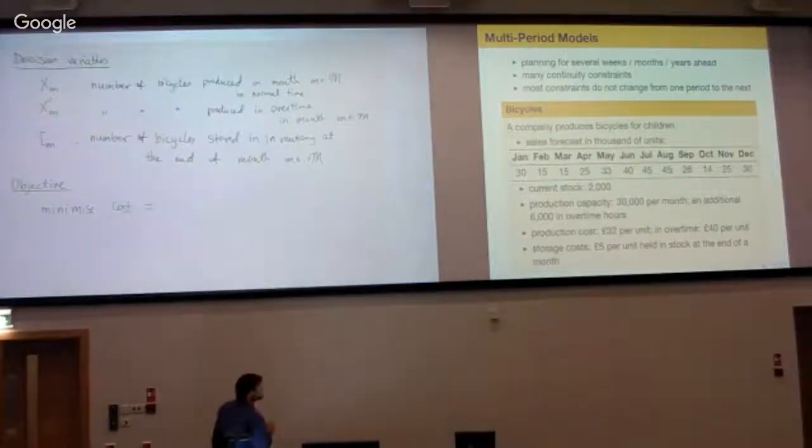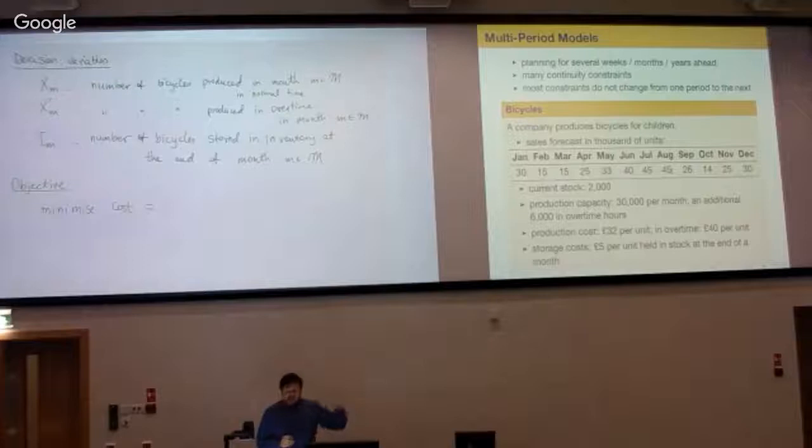Okay, but of course you need a formula in terms of the decision variables and the things we know for the costs. So to this end, you need to know what your costs are. So what costs are mentioned in the text?